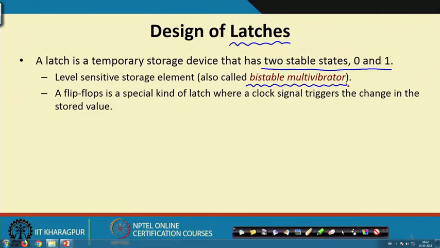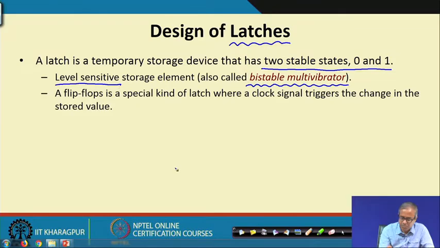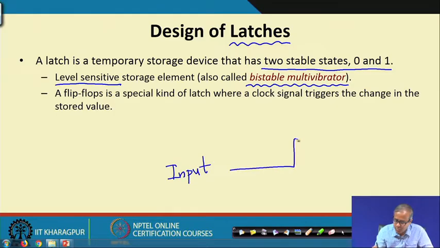And latches are level sensitive, meaning suppose I am applying some input. When I am applying input, let us say I have applied a 0 or a 1. When I am applying a 0, I am applying a continuous 0. When I am applying a 1, I am applying a continuous 1. So, the circuit will react to the voltage level.